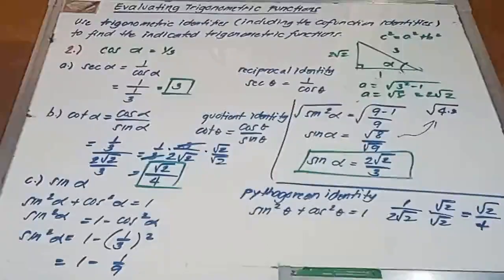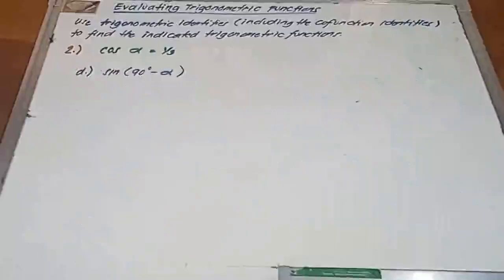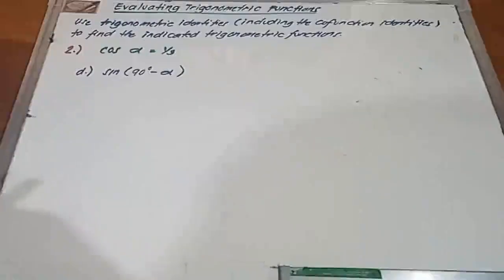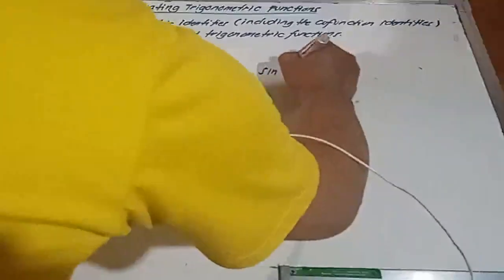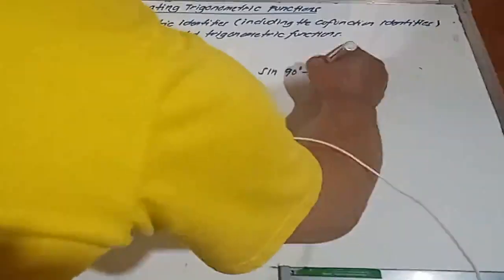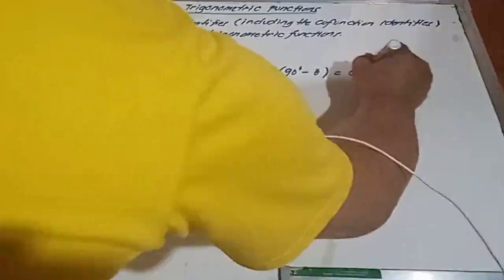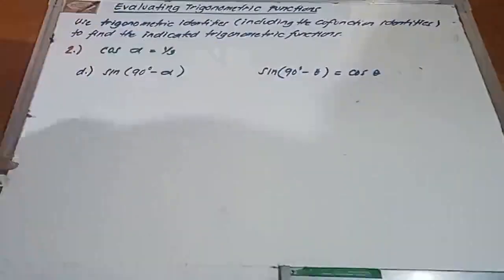And last, we have letter D. Alamin daw natin yung sine quantity 90 degrees minus alpha. Gamit yung cofunction identities, yung sine 90 degrees minus theta is equal to cosine theta. Ang angle natin dito ay alpha.